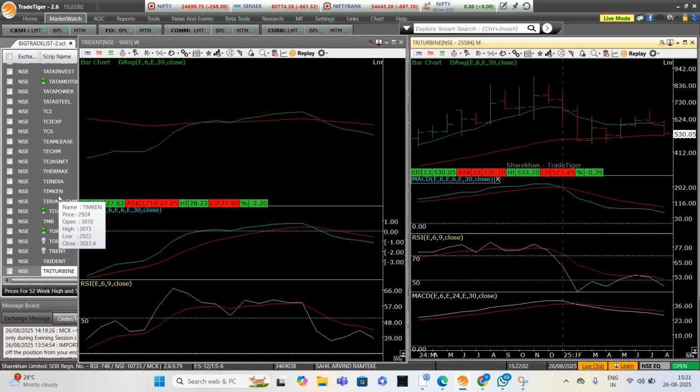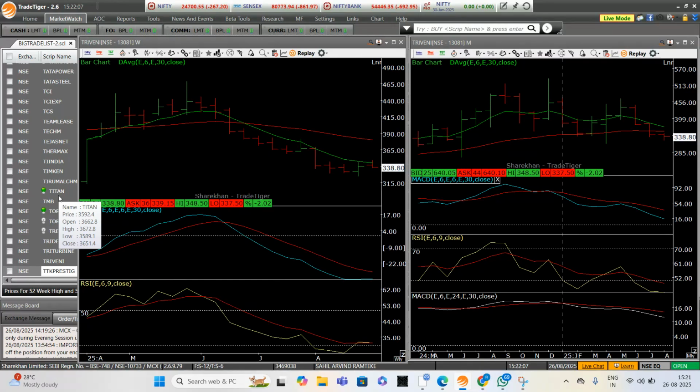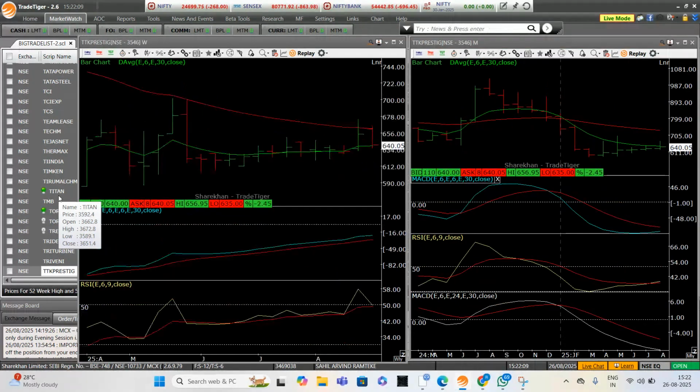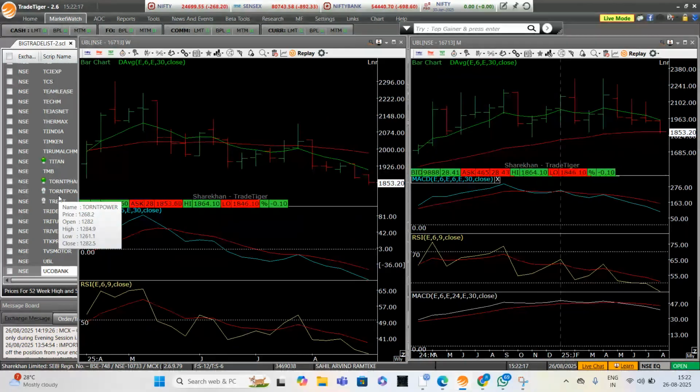Whenever the index is weak as per the weekly time frame, we'll get very few stocks which are weekly bullish. Right now, the Nifty is weak as per the weekly time frame, and that is why we are not getting many stocks matching this combination.